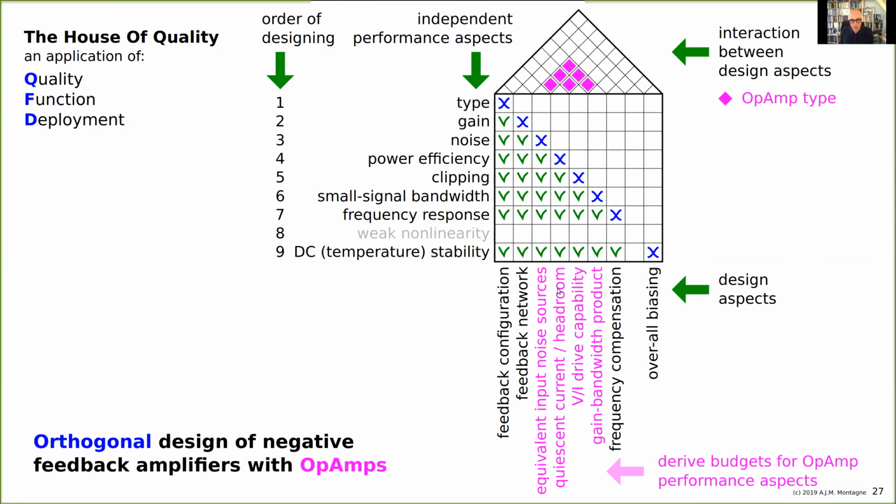So from 4 of these aspects, we are going to derive design equations and say, okay, for noise we need this, for drive capability we need this, for bandwidth we need that, etc. So that is how we are going to design in this course negative feedback amplifiers step by step. And if we do a next step, we don't affect the results. We don't change the results from a previous step, because then we are in design loops, and that is something you don't want to have.